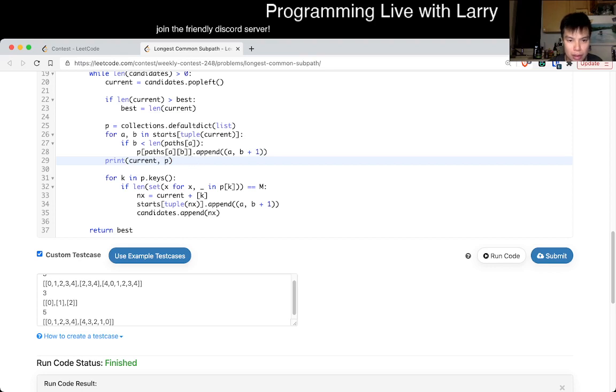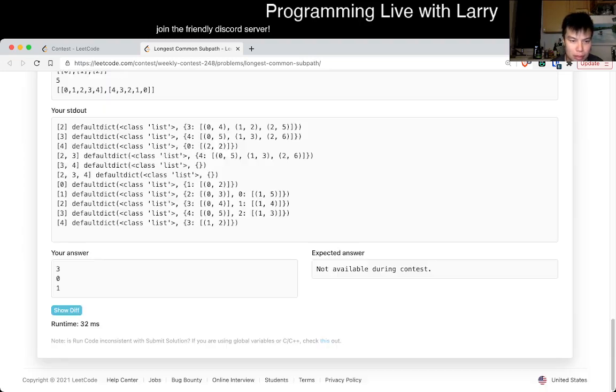Oh, this is silly. I copied and pasted this from before, but this should be just P of K. So K is, whatever it is? Oh, this is just P of K. Good thing I tested this.